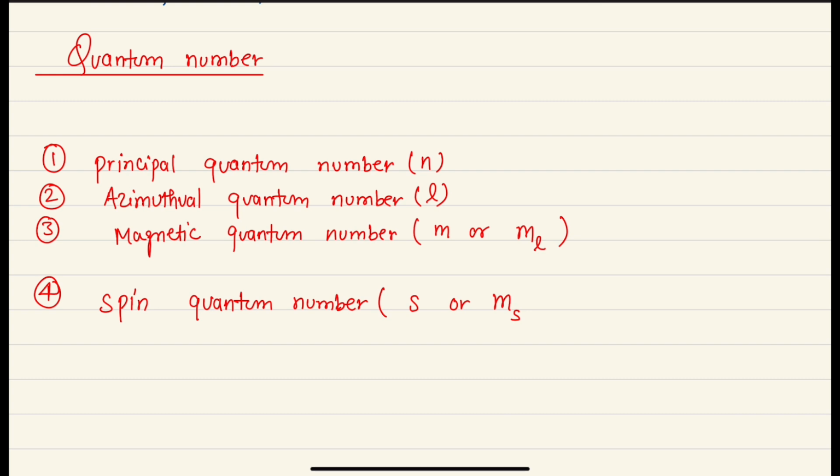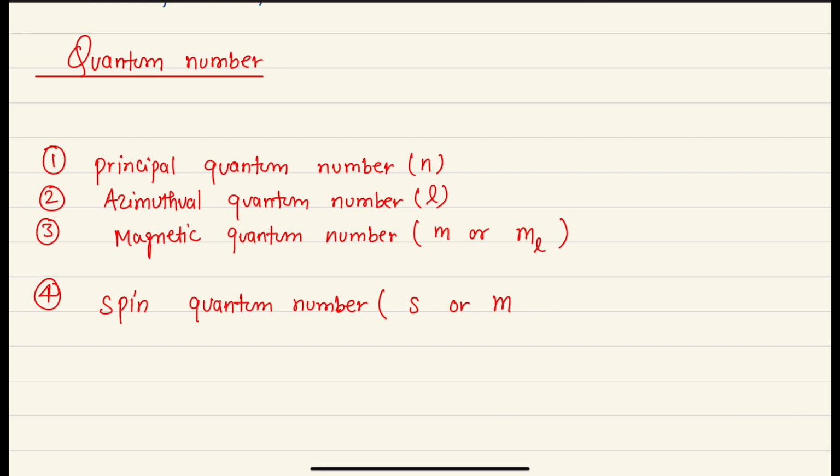So this is the symbol of the spin quantum number. And now we have the magnetic quantum number, a small m, or you can write a small m and a small l in the subscript.